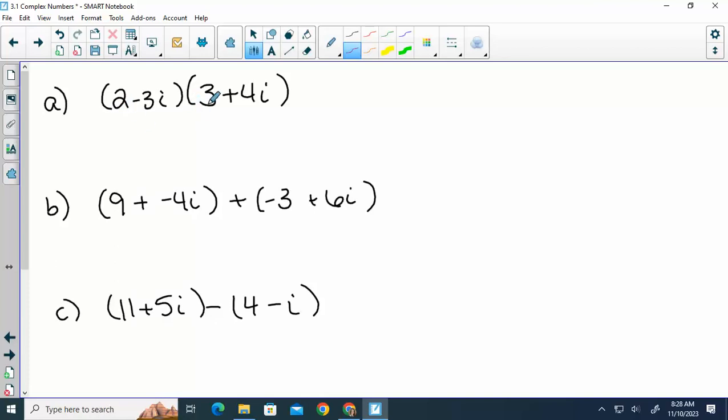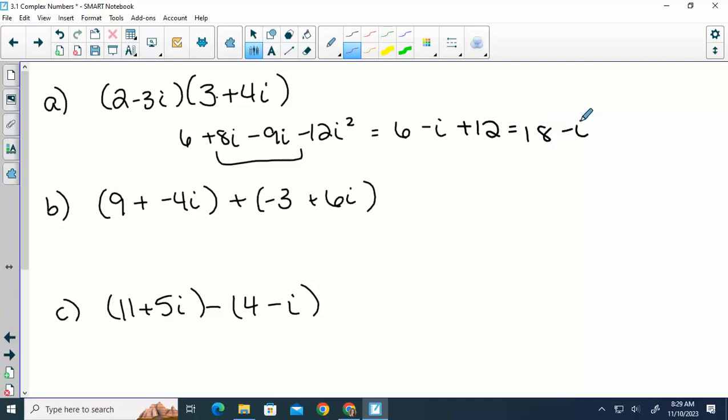So the first one, if we FOIL, we get 6 plus 8i minus 9i minus 12i squared. So that's 6 minus i. Negative 12i squared would turn into positive 12. So that gives us 18 minus i for the final answer.